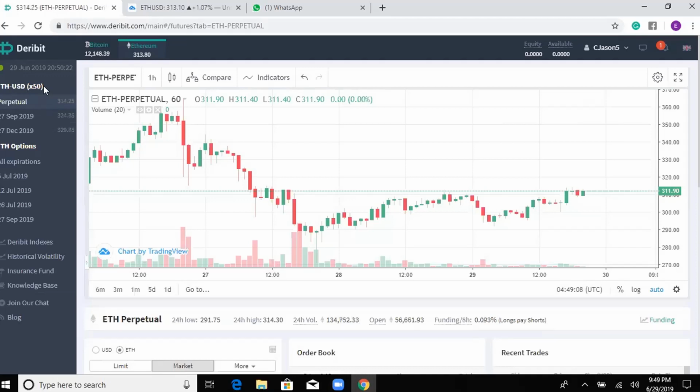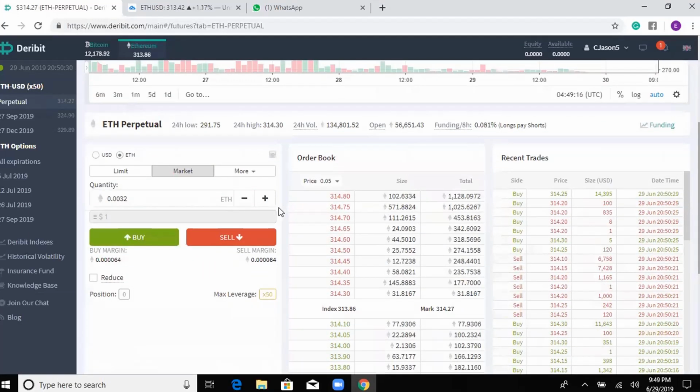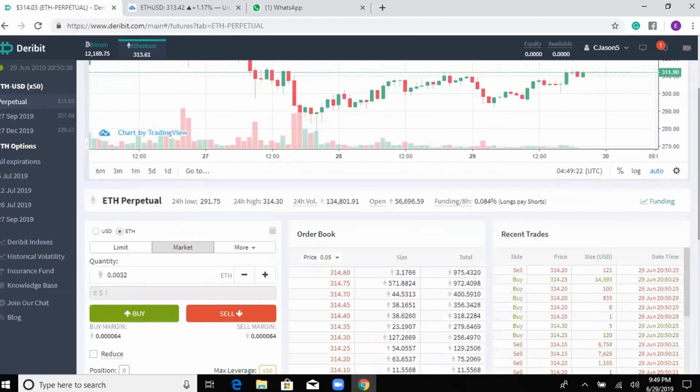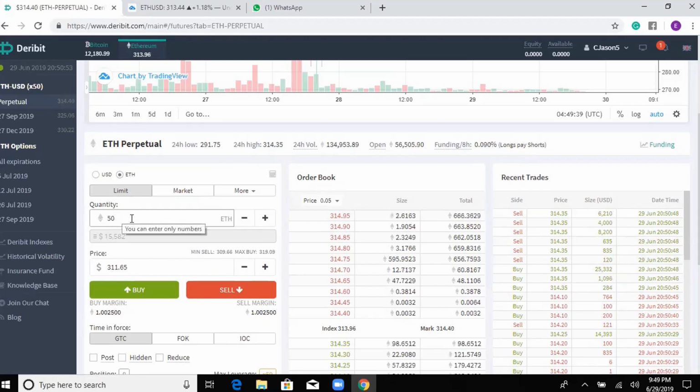And the point is, even if you're using just one Ethereum, you're given times 50. If you go to Ethereum, ETH, let me go up to the limit order. If you're using just one Ethereum, you're given times 50 automatically. You can actually type this here and the exchange will calculate it for you.